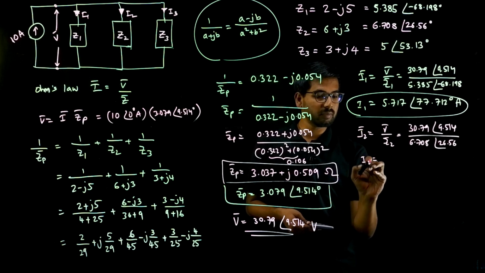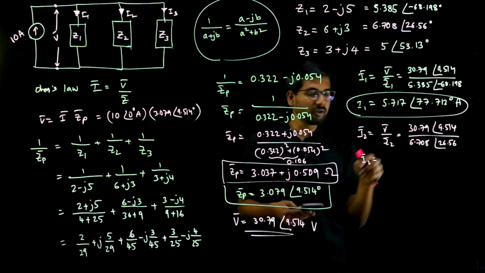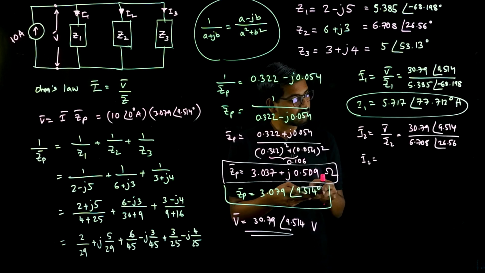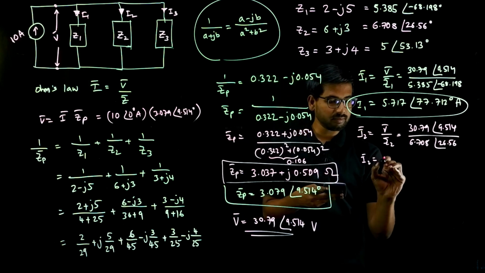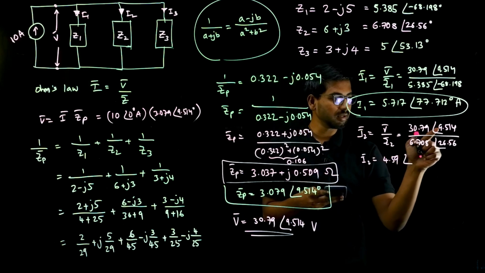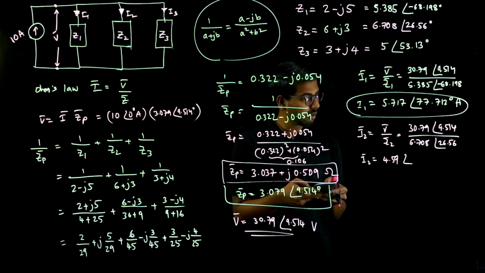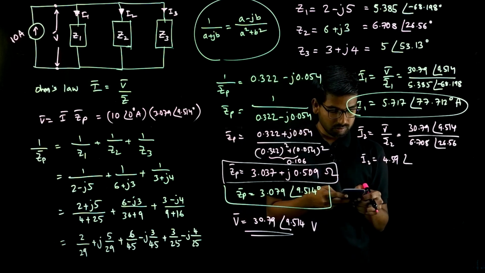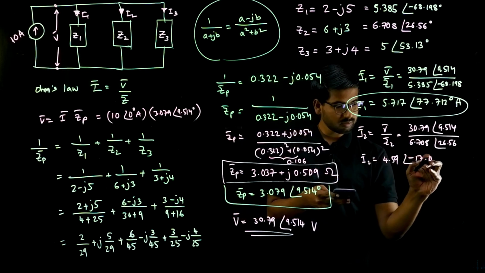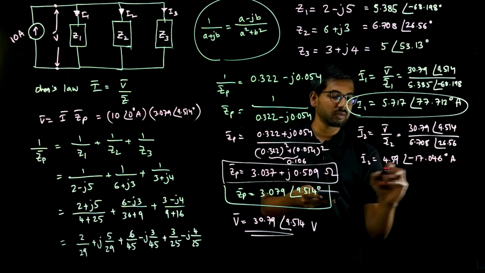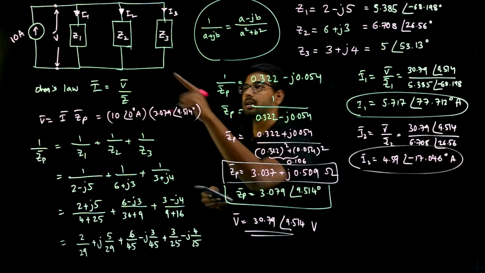So I2 bar will be 30.79 by 6.708, which is 4.59 at an angle. When you divide, angles subtract. So that is 9.514 minus 26.56, which is minus 17.046 degree amperes. This is I2.